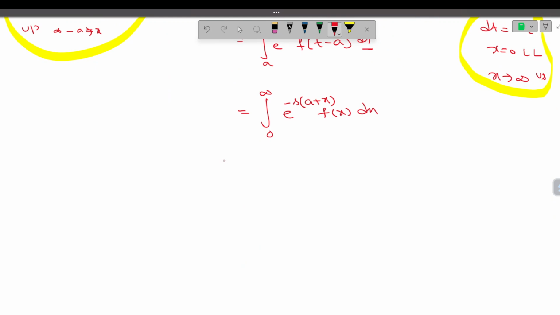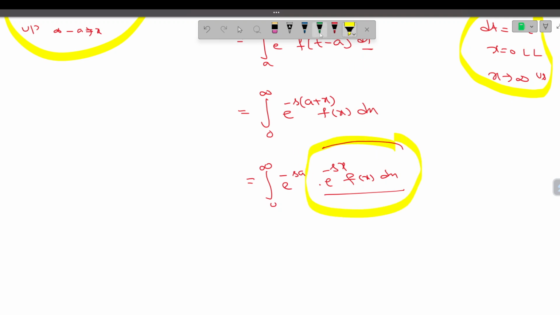That gives integral from 0 to infinity of e to the power of minus as times e to the power of minus sx times f of x dx.